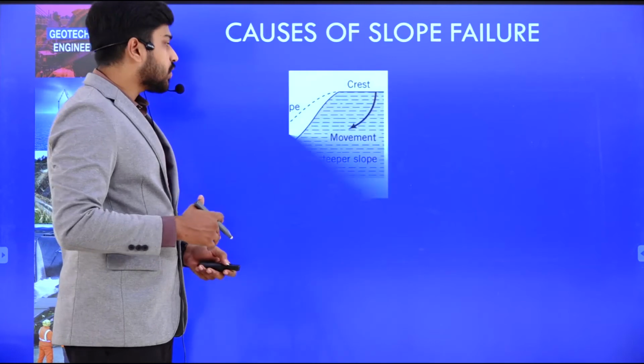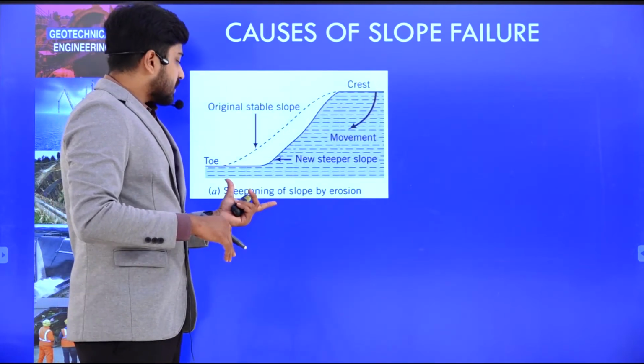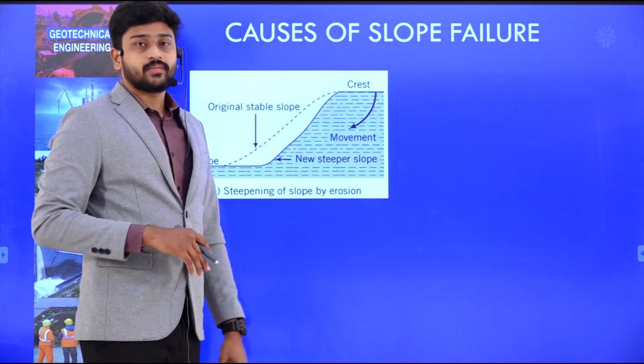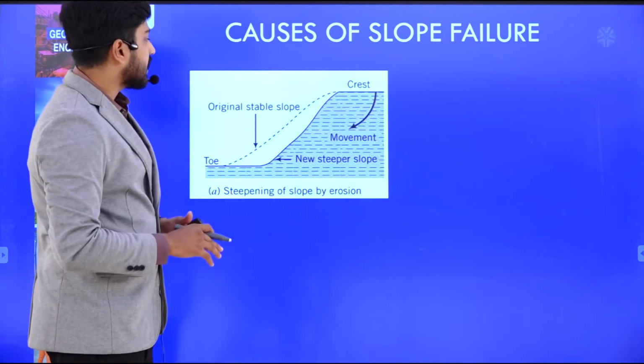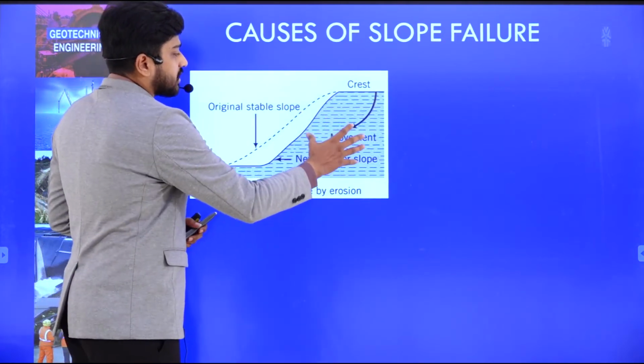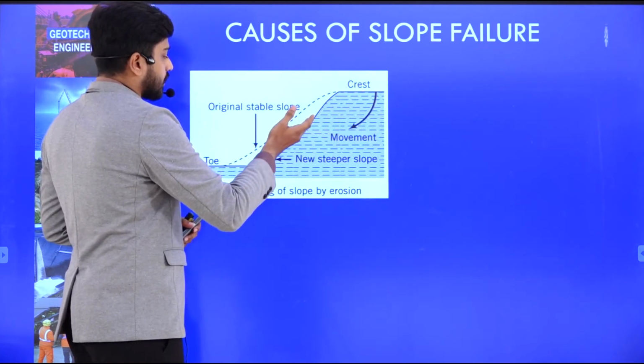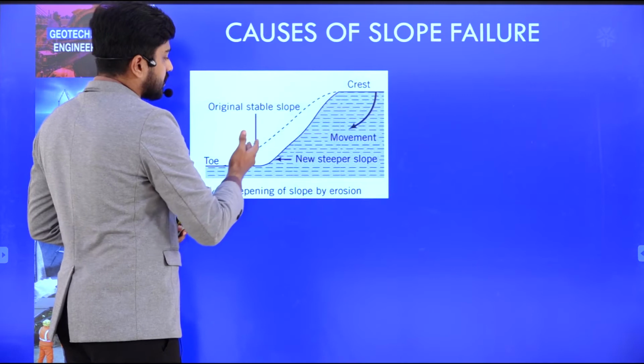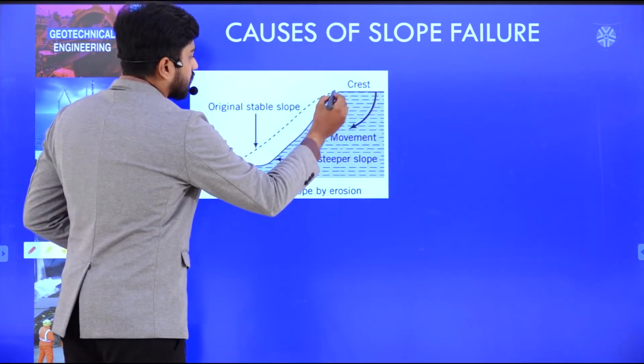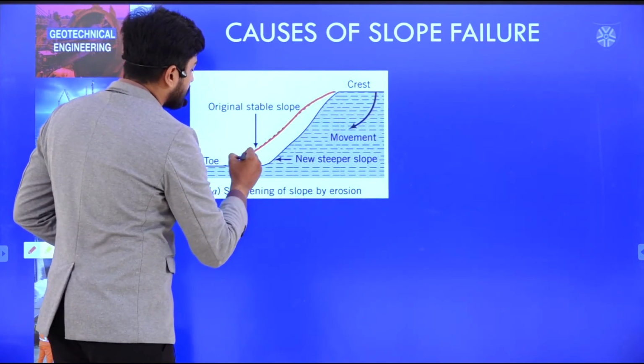Let us now look at the first one, the steepening of slope by erosion. If you look at this particular diagram, imagine the topmost soil, this is a particular slope. Let us say this is the original stable slope. This dotted line is the original slope.